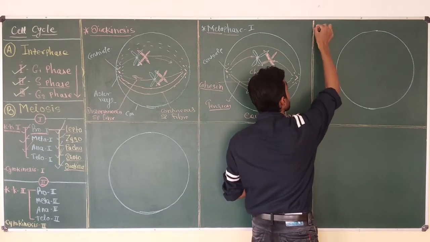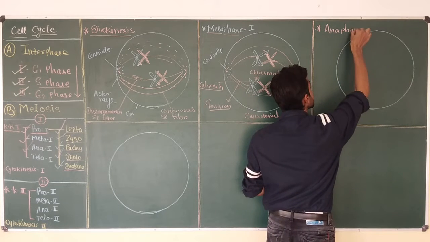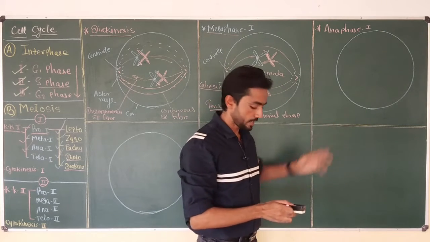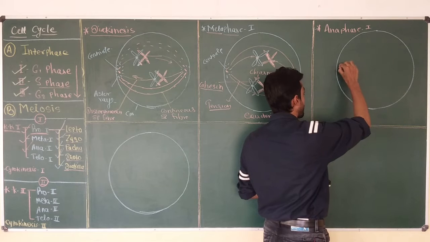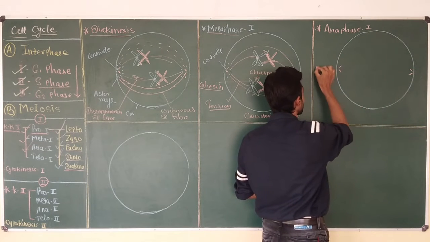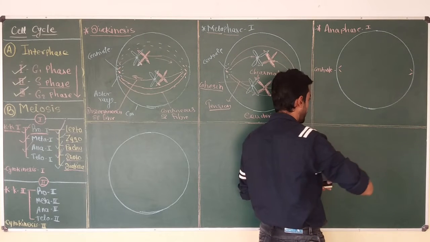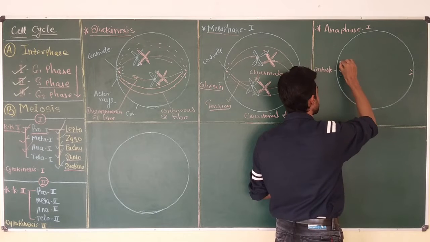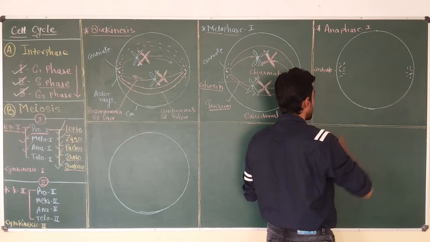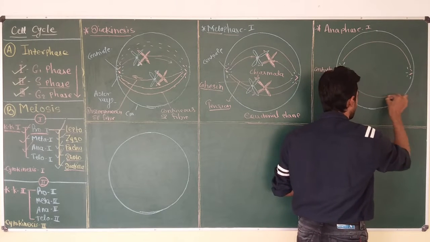So when any cell enters anaphase 1, the cell will have well-functional centrioles at both the poles. Centrioles will have aster rays, short fibers and long fibers running from one pole to the other pole.